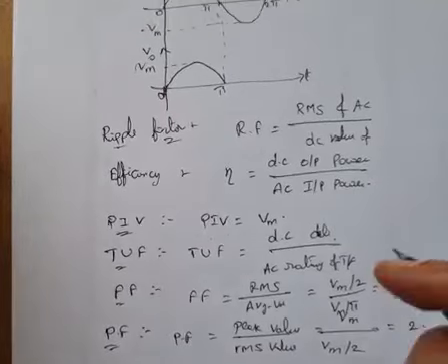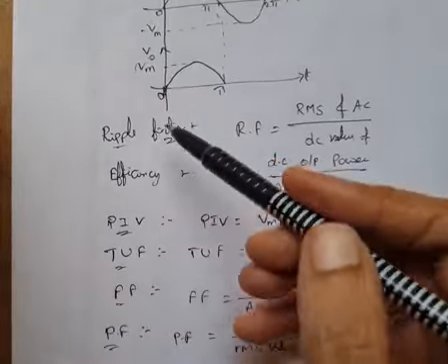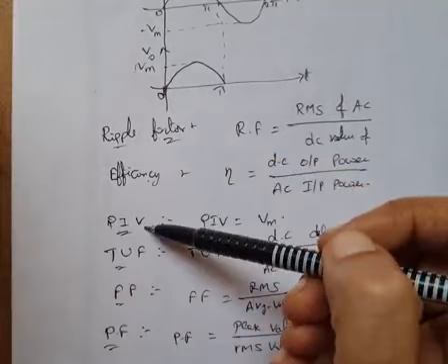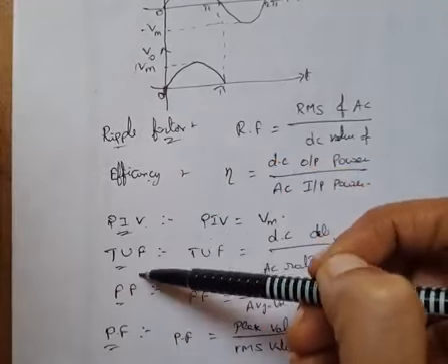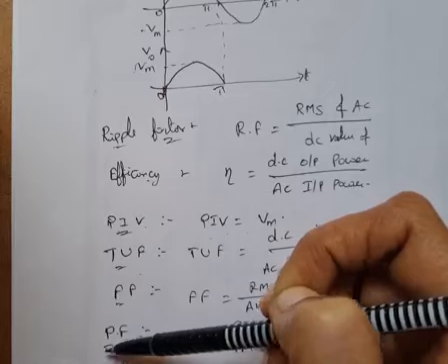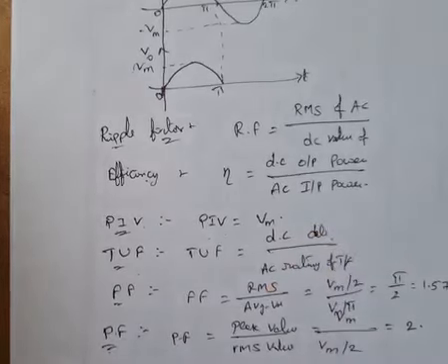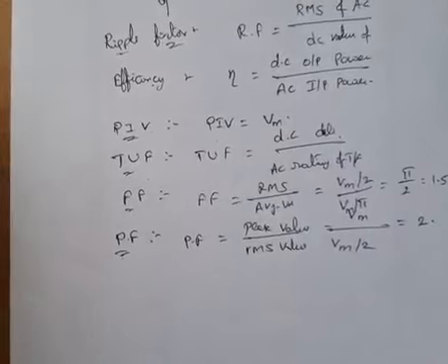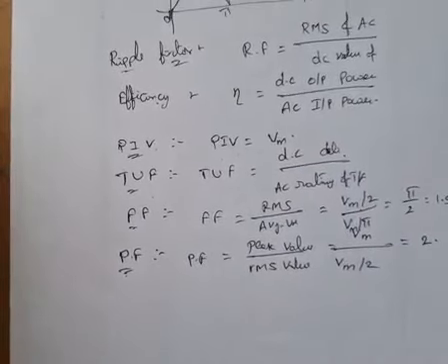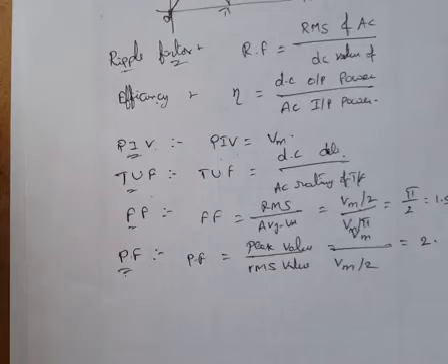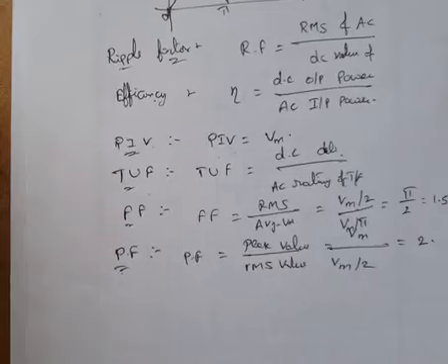So these terms we are using in rectifiers: ripple factor, efficiency, peak inverse voltage, transformer utilization factor, form factor, and peak factor. So next we will see the full wave rectifier and bridge rectifier.